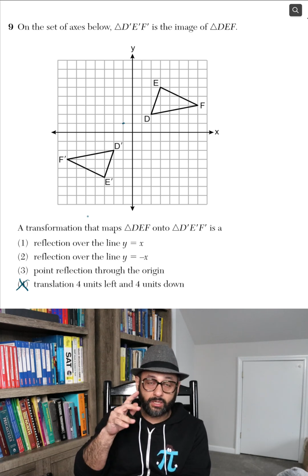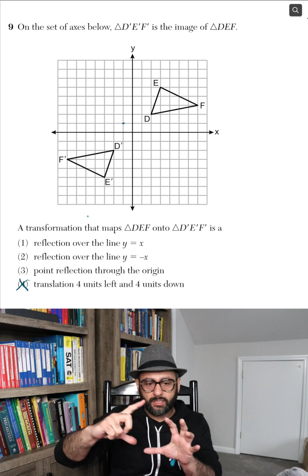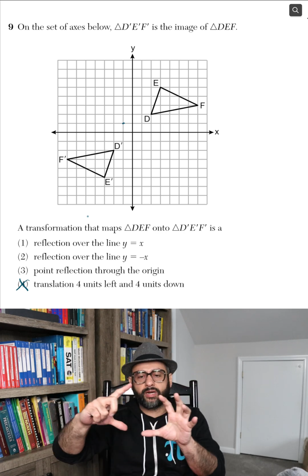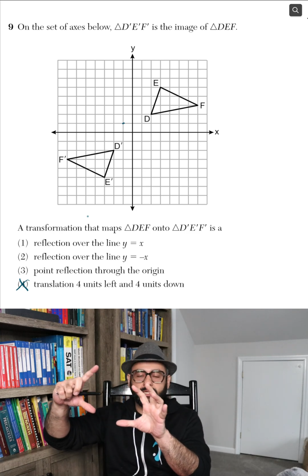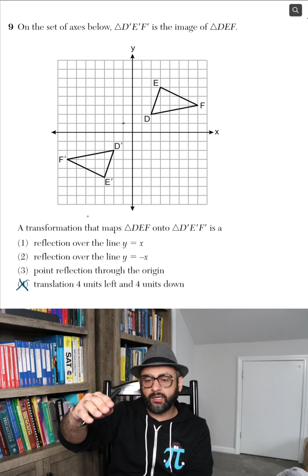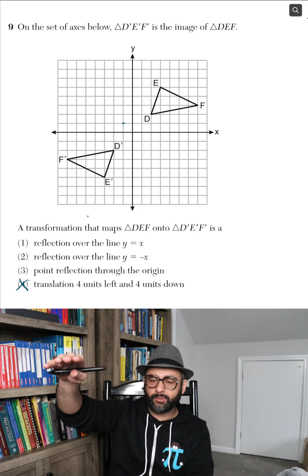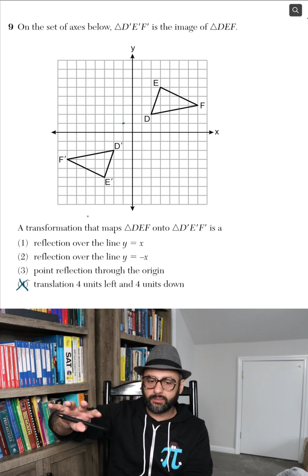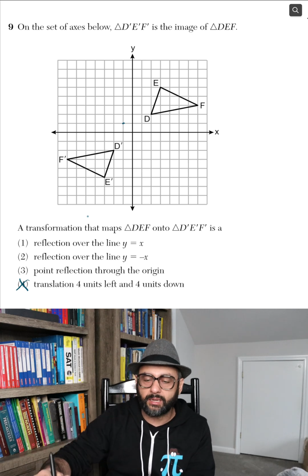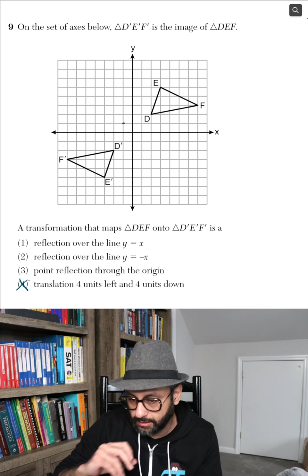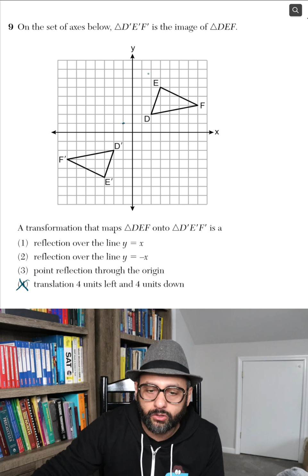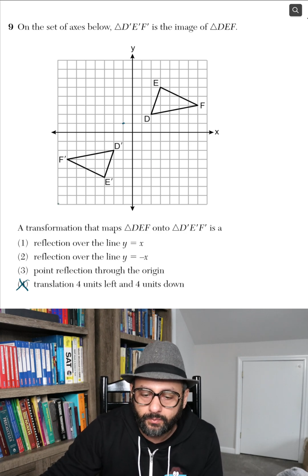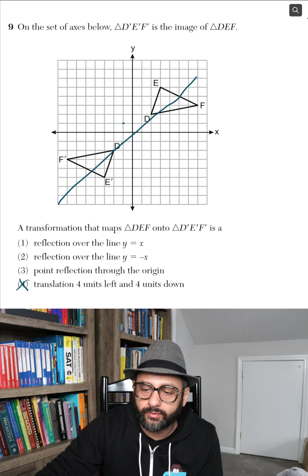So when you slide an object left, right, up, down, E would be the top vertex, so E prime under a translation would be the top vertex, but in fact D prime is the top. Another one that I could eliminate pretty quickly, the reflection over the line y equals x.